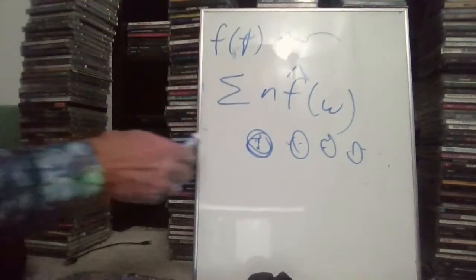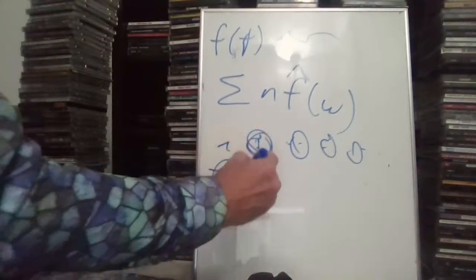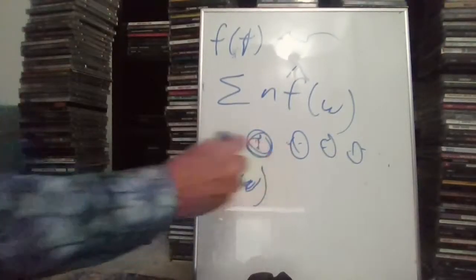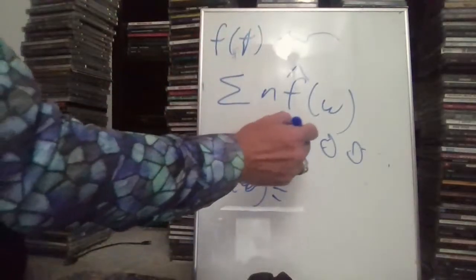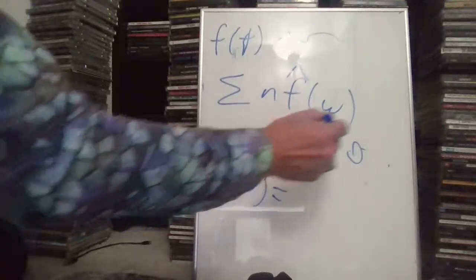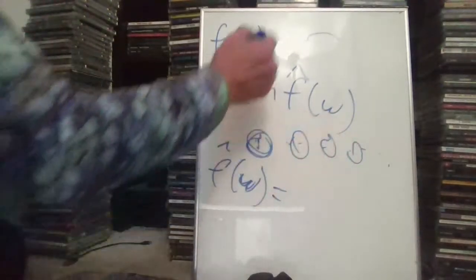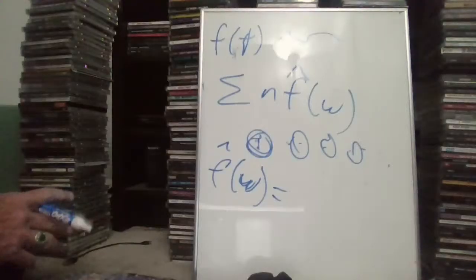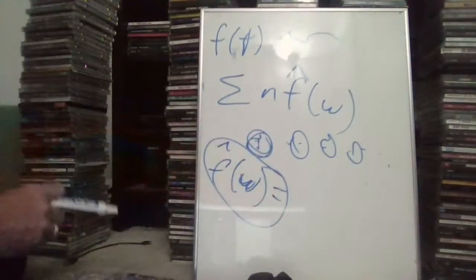In fact, you can do what's called a frequency domain, f hat of omega, where you're thinking of the function in terms of multiples of the fundamental frequency at different amplitudes of each to get you that original function. And this function is called the Fourier transform.